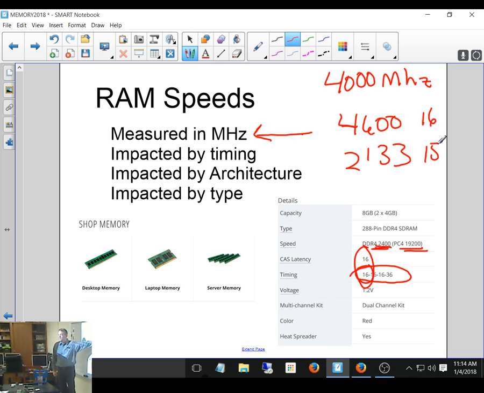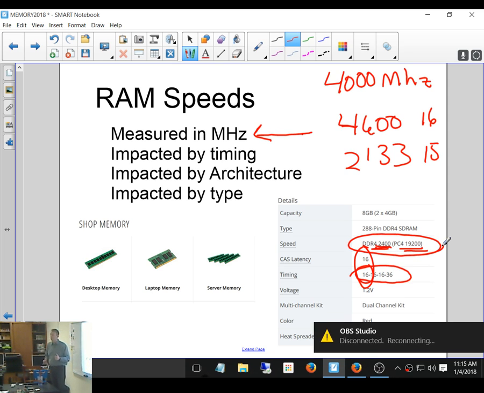Is it worse that it took one more trip around the motherboard when it's going over twice as fast around the motherboard? That's what I'm saying. That CAS latency, even though that one's slower, isn't a direct comparison. See what I'm saying? You have to compare oranges to oranges. When you look at CAS latency, if you're not looking at the same speed of RAM, the number isn't a comparison.